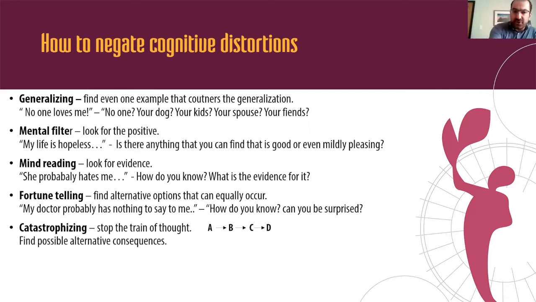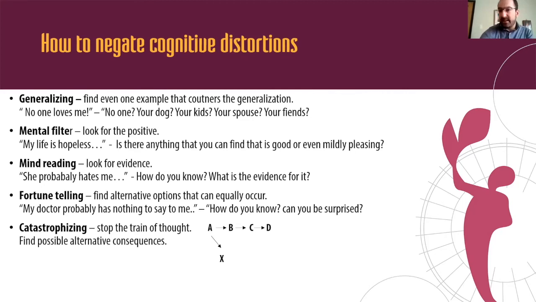So all of this is a chain of A leads to B, leads to C, leads to D. Can we find other possible alternative consequences? Can A lead to something else? For example, I was late today, and it's probably that my boss didn't like it. Can it be that I was late today and my boss couldn't care less about it?